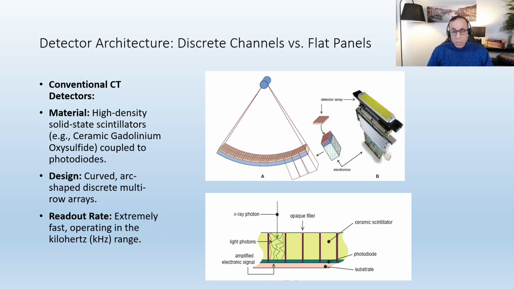When X-ray photons hit the scintillator, as you can see in the figure here, they are converted into light photons. These light photons then strike a photodiode made of silicon, which transforms the light into an electrical signal used for the image formation.